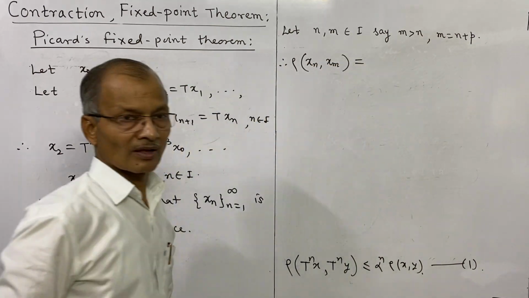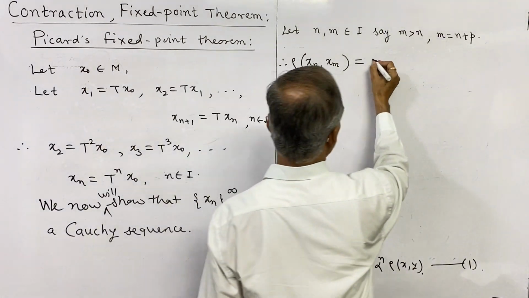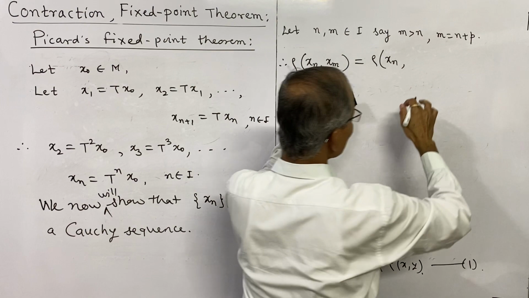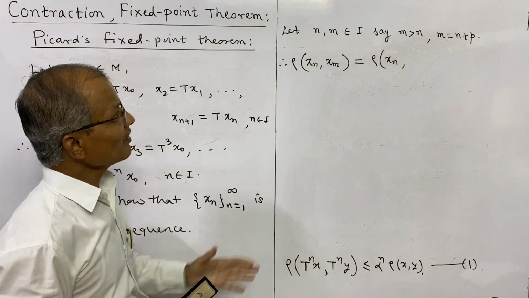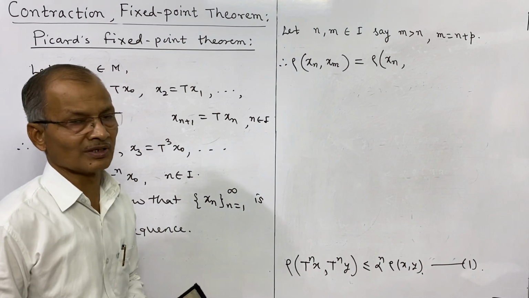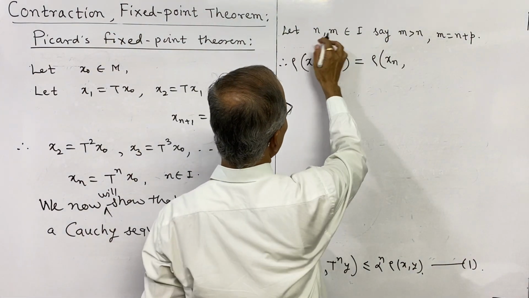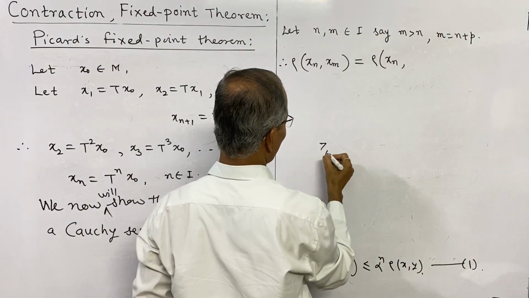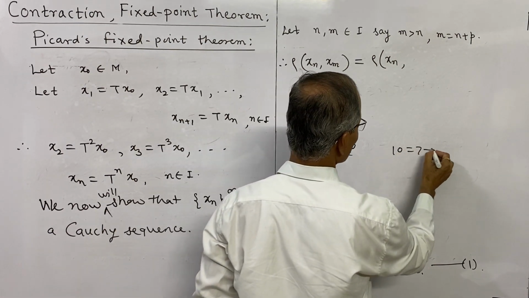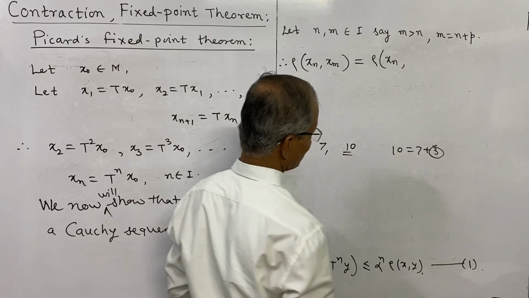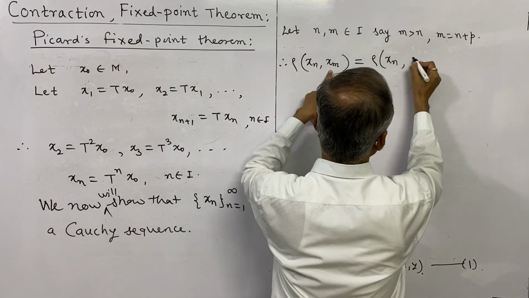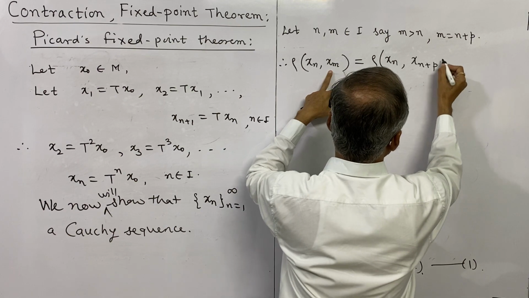This is equal to rho of xn and xm, where m, as we have assumed, is n plus p. Suppose that n and m are say 7 and 10, then this 10 can be written as 7 plus 3. p will be 3, like this. So xm means x(n+p).